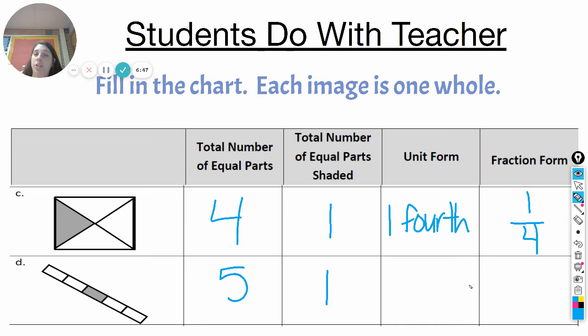Okay, let's go ahead and match your work with mine. In unit form, you should have written 1 fifth. And in fraction form, we write that as 1/5.